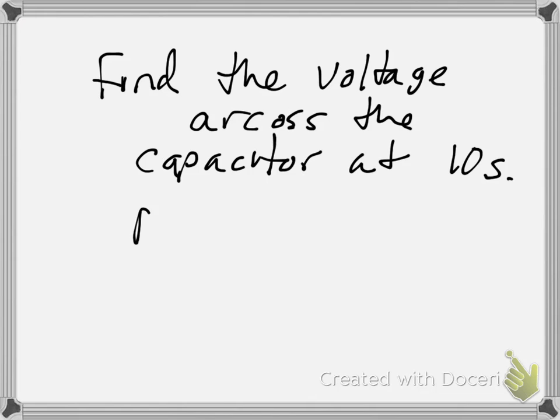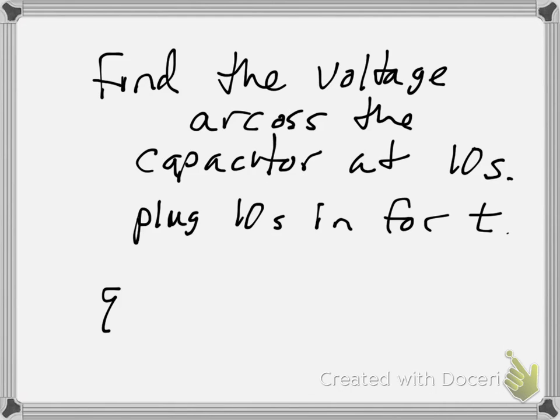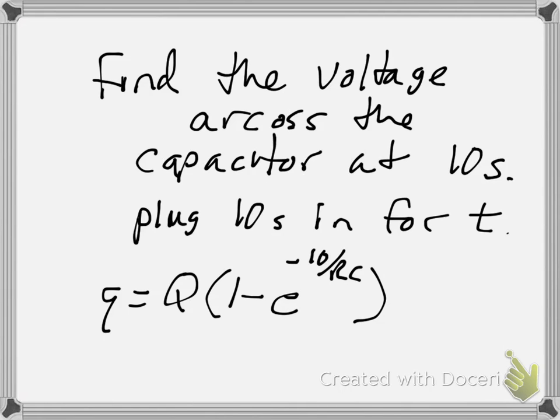Plug in for t, and you'll get Q equals big Q times 1 minus e to the negative 10 over RC, whatever RC, R, and C are.